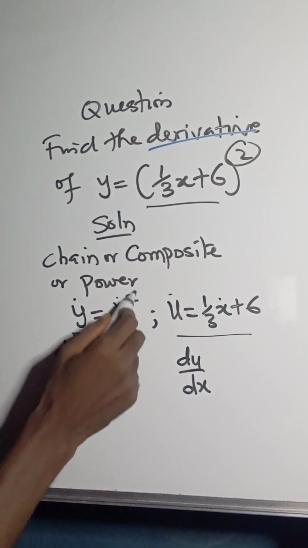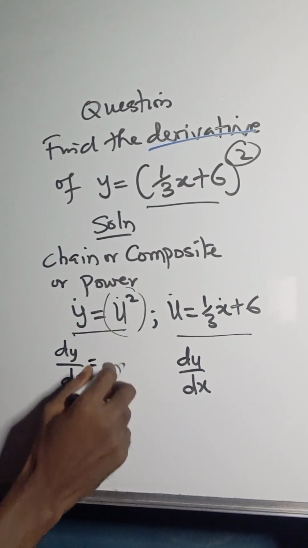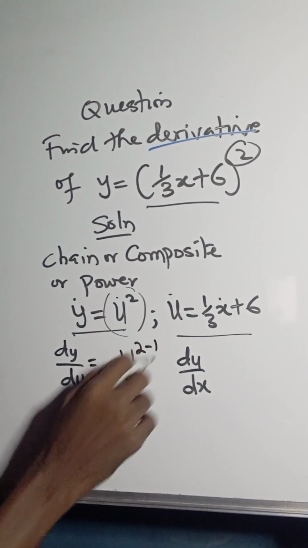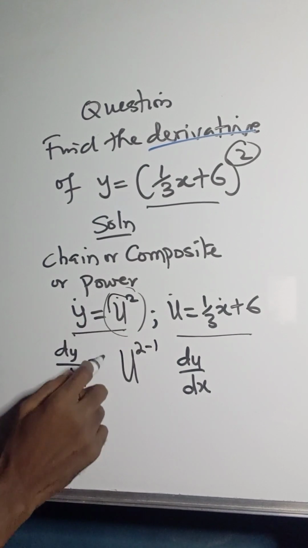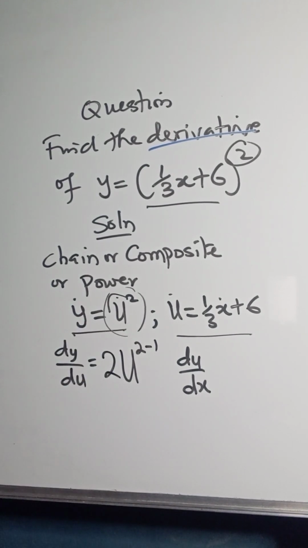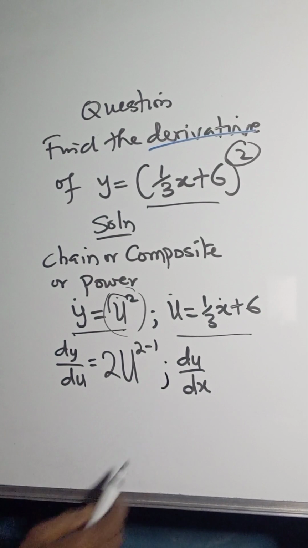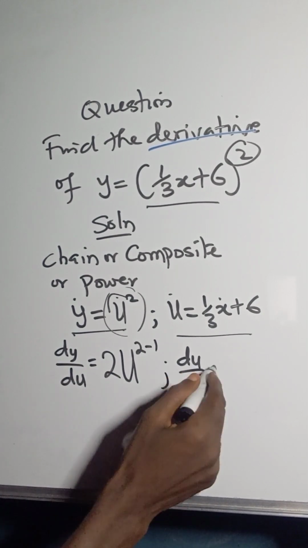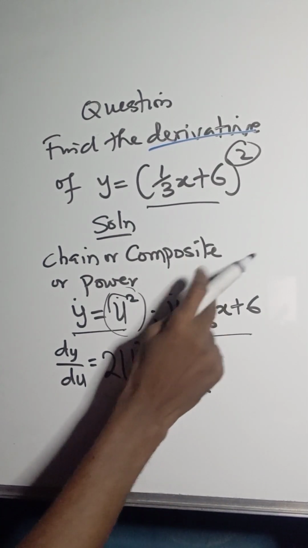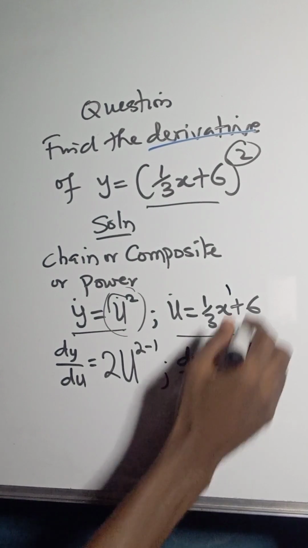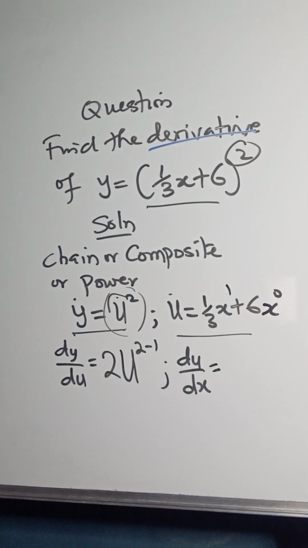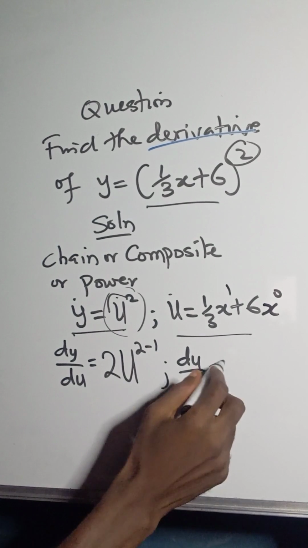Now, applying the general formula here, we are going to minus 1 here, and this 2 drops down to multiply. So this gives us dy over du. Now for this part, there's a power here, 1. Here I have x raised to the power 0. So 1 comes down to multiply 1/3.